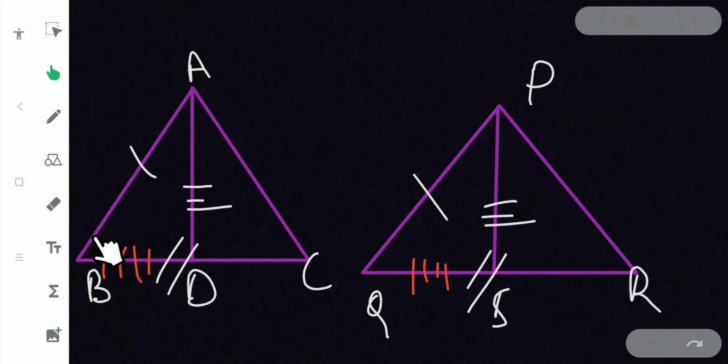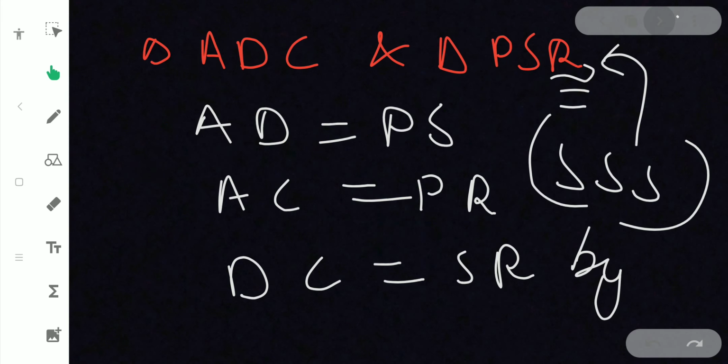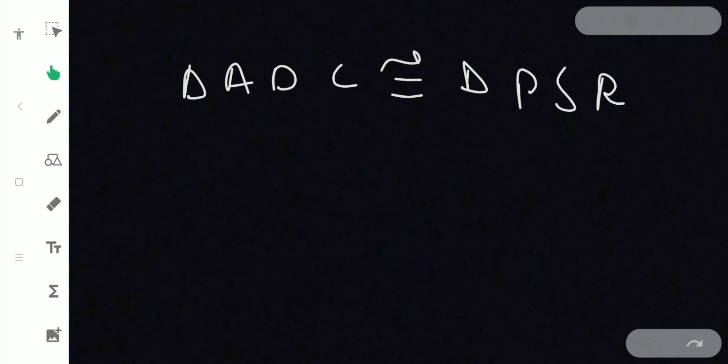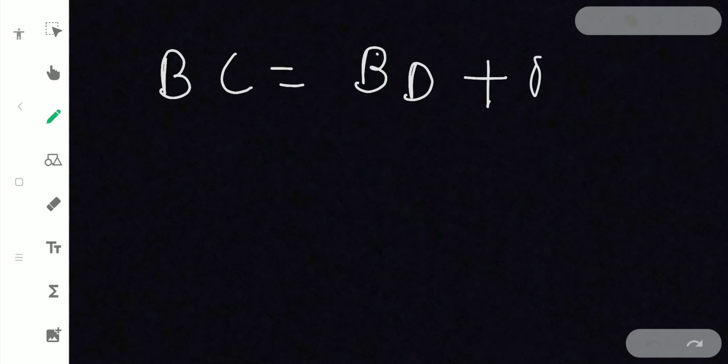So this whole BC line is nothing but BD plus DC, and I am writing here step by step so that you will understand. I hope you understood till here.